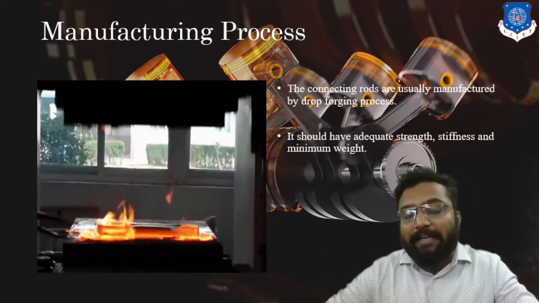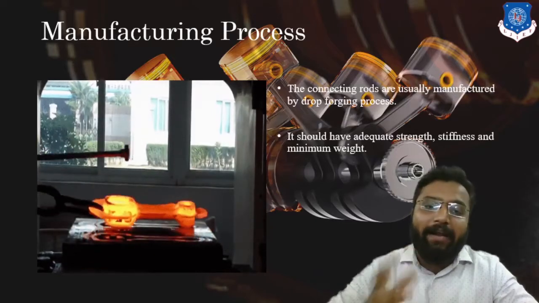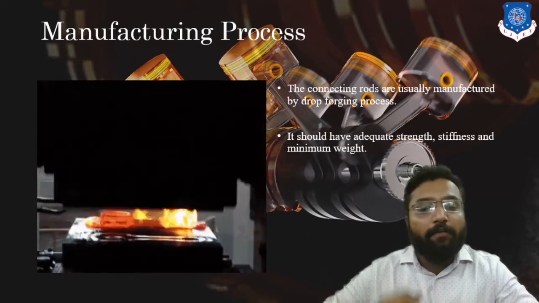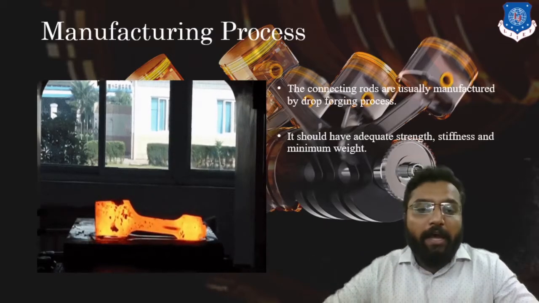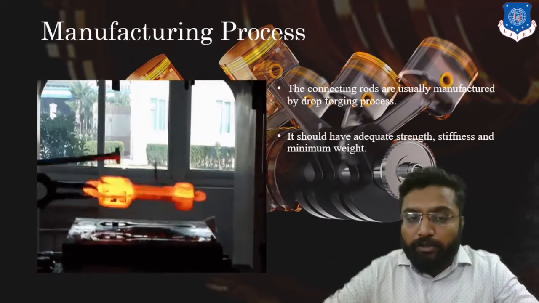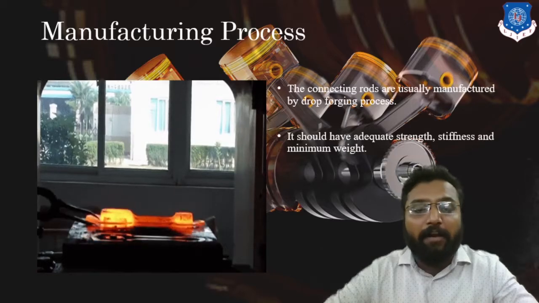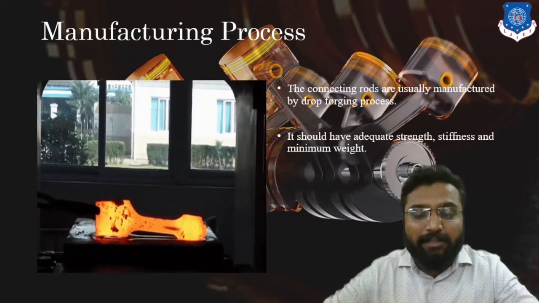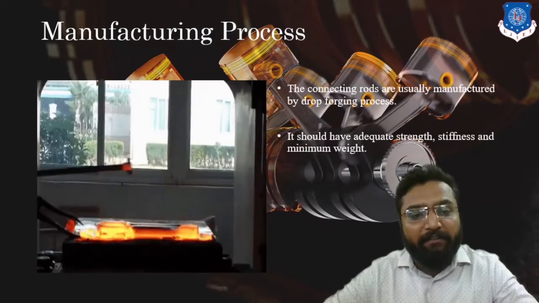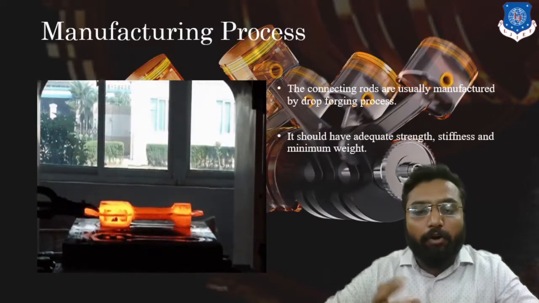So while selecting the manufacturing process and material for the connecting rod, we should also consider the weight of our component, because due to its reciprocating motion it will create inertia. Clear? So inertia forces will predominantly affect our connecting rod assembly.